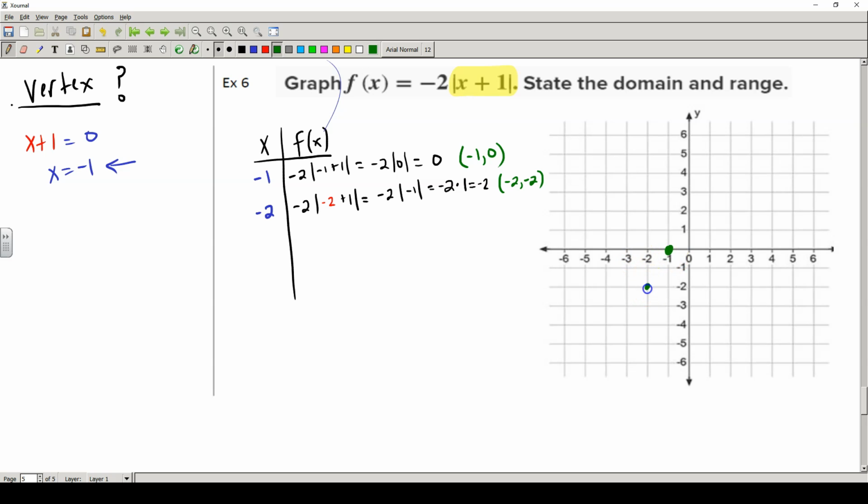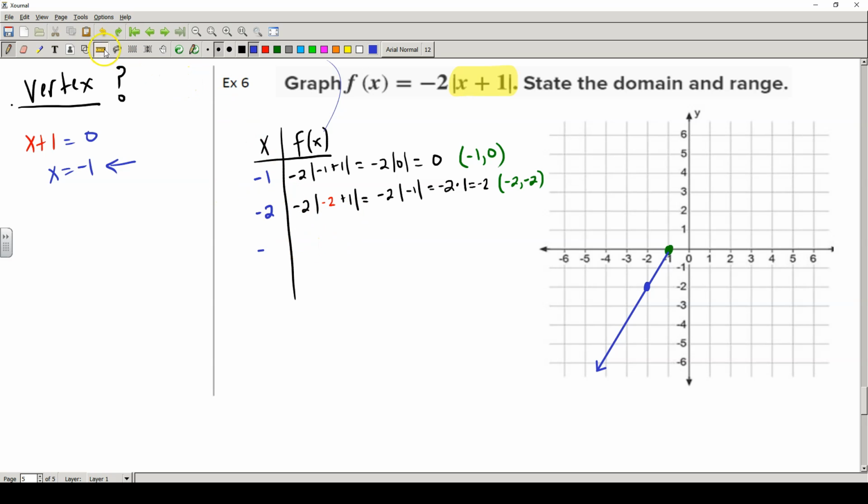So that's down here. Okay, so I know this is the vertex, the point up there. I'm going to put this in a different color here. I know this is the vertex right here. Since I know that's the vertex, I know that these points are going to continue this way right here. Okay, because I only need one other point to figure out that this line is going to continue in this direction. So I could plug in -3 if I wanted to.